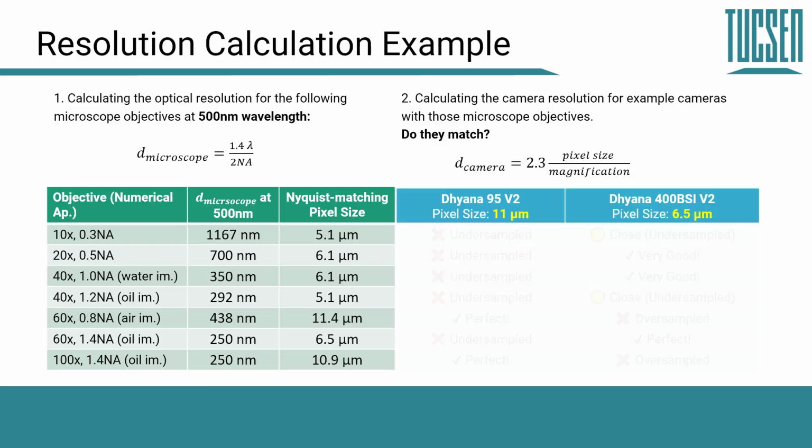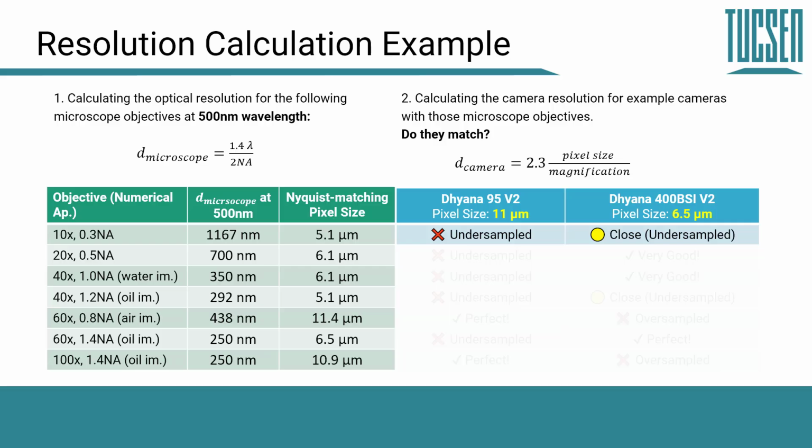If we have a look at two example cameras, first of all the Tucsen Diana 95 version 2, which has 11 micrometer pixels, and then the Diana 400 BSI version 2, which has 6.5 micrometer pixels. With a 10 times objective, we can see that the large pixel camera is undersampling. This will be pixelated by a fair margin, because we're comparing here 5.1 to 11.